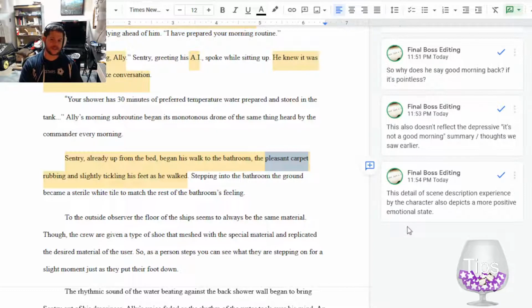And think of it just like life. When you're sad or having a bad day, you're not smelling the roses. Sometimes one of the ways you cure a bad day is you just look up at the sky or at the world around you and you get out of your head. So the fact that this person's touching the soft carpet, having this more tactile, pleasant experience, even just the adjectives.